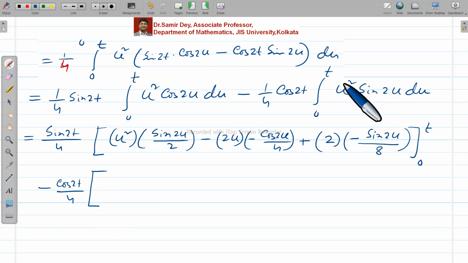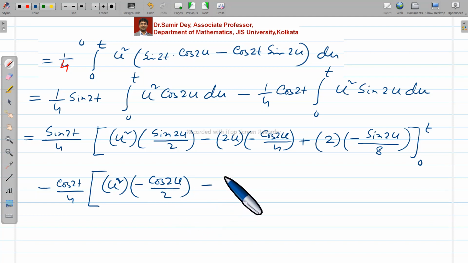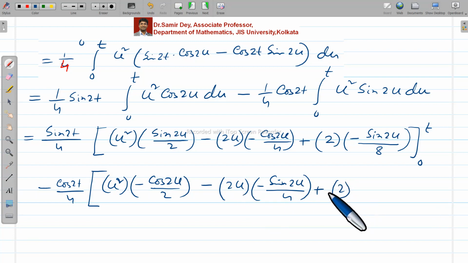Now again you integrate, that is your u square is coming, so derivative is u square, and integration of this is minus cos of 2u by 2, minus derivative of it, that is 2u, and integration of it, minus sine 2u by 4, plus derivative of it, that is 2, integration of it, that is cos 2u by 8.